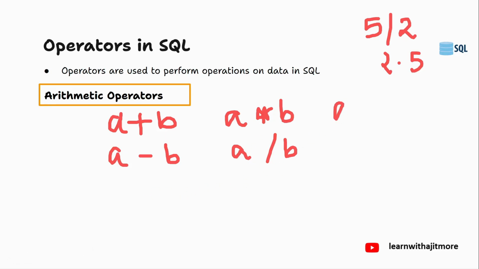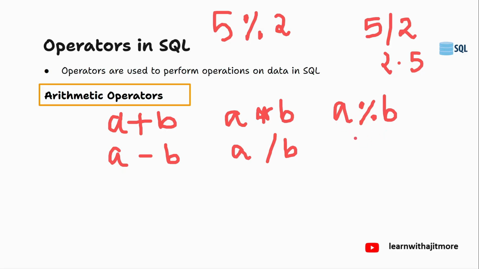Then we have the modulus operator. The modulus operator gives the remainder. It divides A by B and gives whatever remainder is there. Like 5 mod 2: 2 twos are 4, the remainder is 1, so it gives you 1. With modulus, one extra thing to remember is when values are negative, whether A, B, or both.